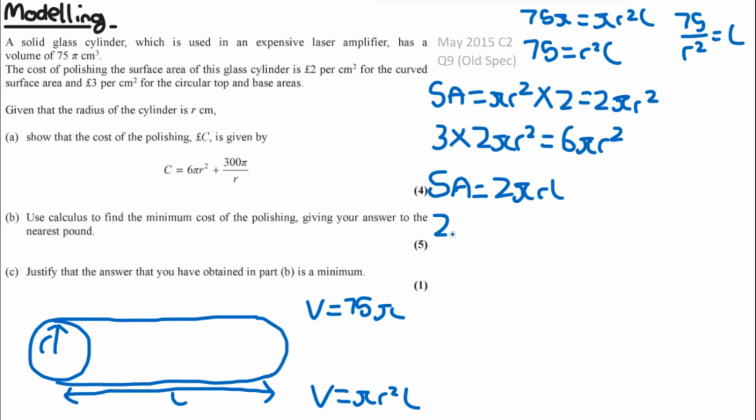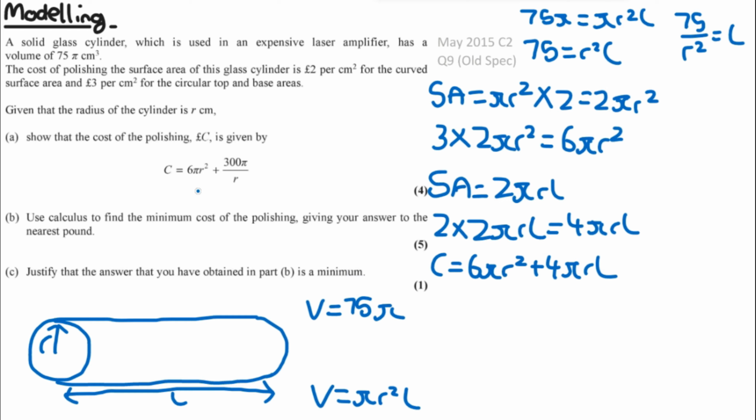So the cost is going to be 2 times 2 pi rL, which is equal to 4 pi rL. So now we have the total cost, so we just add these together. So the total cost is going to be C is equal to 6 pi r squared plus 4 pi rL.